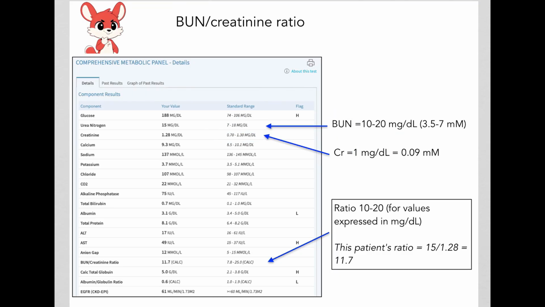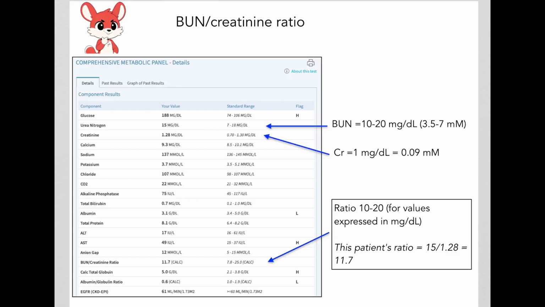So this BUN creatinine ratio normal range is about 10 to 20 when we express the values in milligrams per deciliter. In the case of this patient here, the creatinine is 1.28, the BUN is 15, so 15 divided by 1.28 gives us a ratio of 11.7.